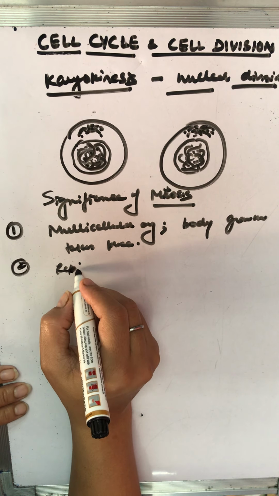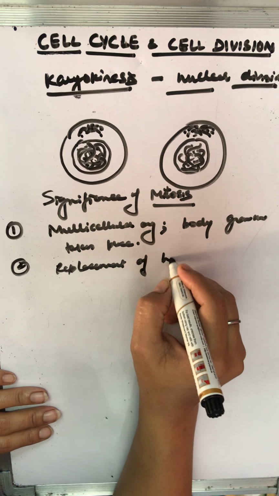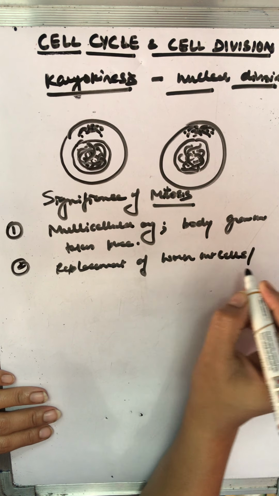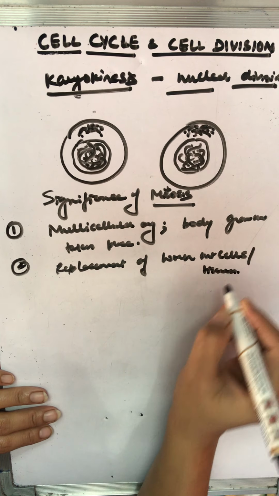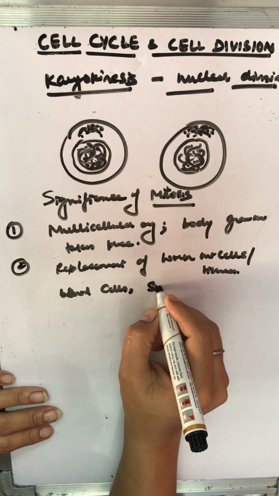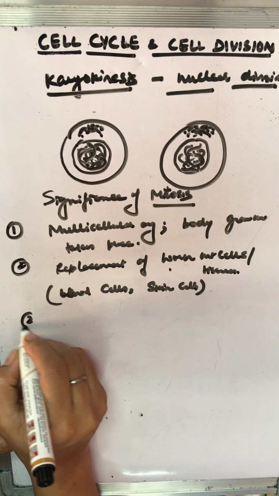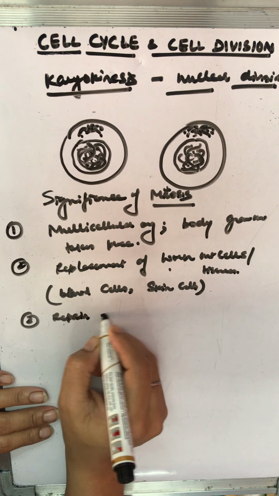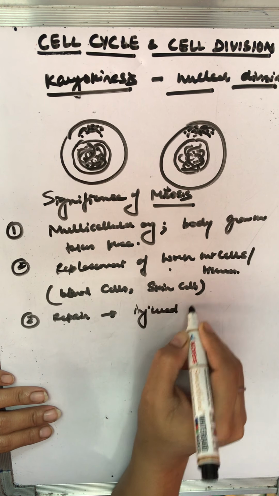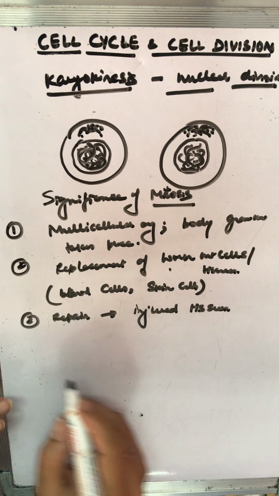Remember, repair, replacement of worn out cells, worn out tissues also, like blood cells. When the skin sloughs off, skin cells are getting replaced. Number 3, repair. Repair of what? Injured tissues. You can make it one point also for repair and replacement.